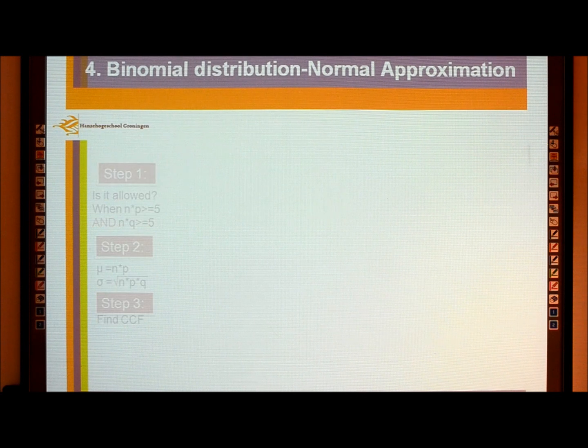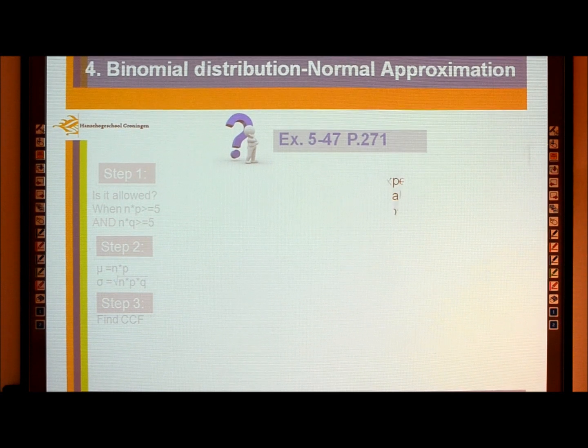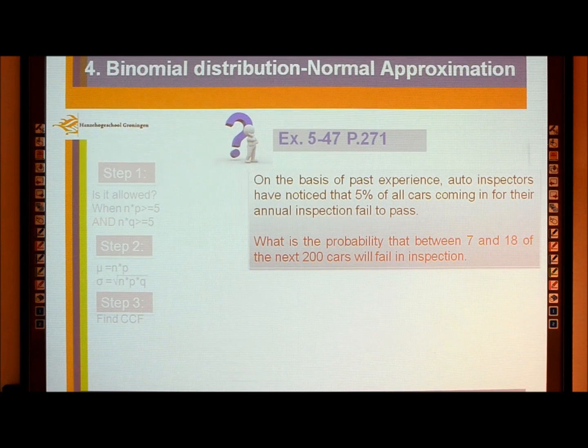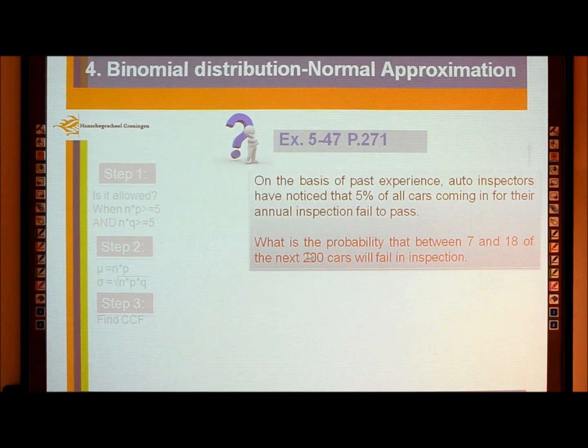Let's look at one question on page 271. The question number is 5.47. On the basis of past experience, auto inspectors have noticed that 5% of all cars coming in for their annual inspection fail to pass. What will be the probability that between 7 and 18 of the next 200 cars will fail the inspection?